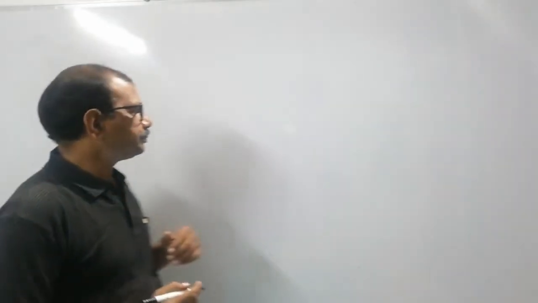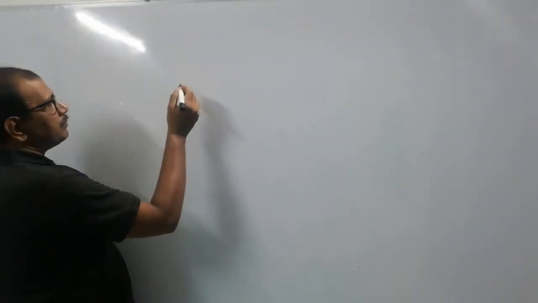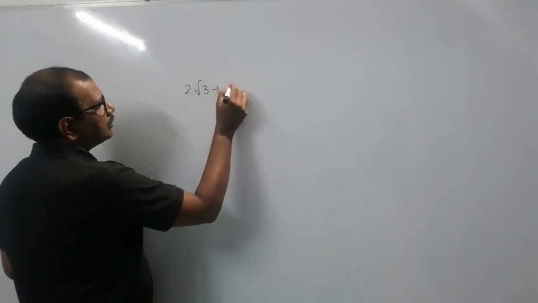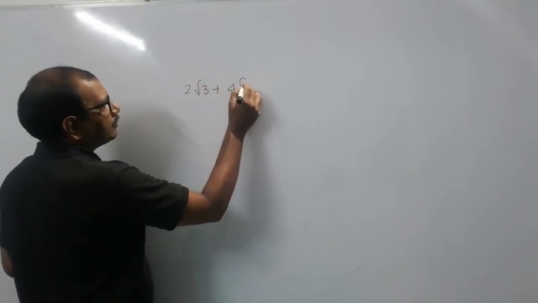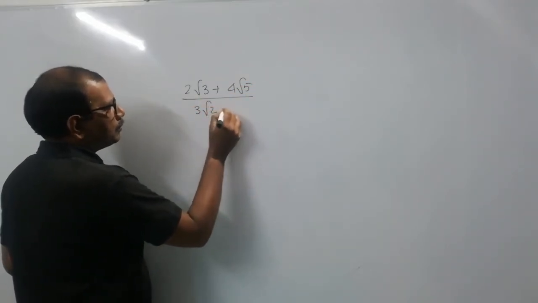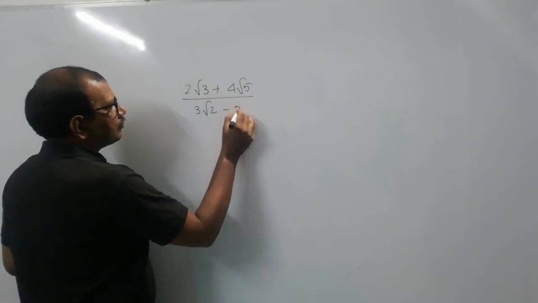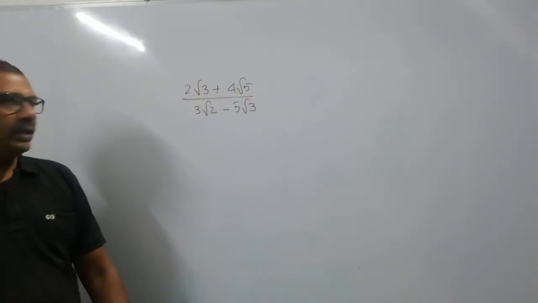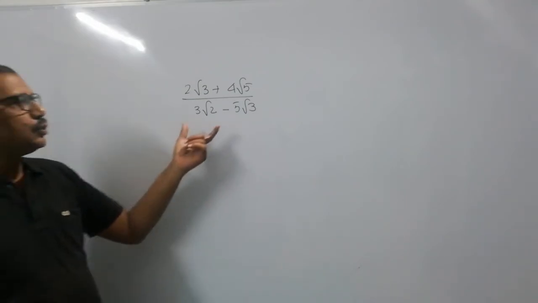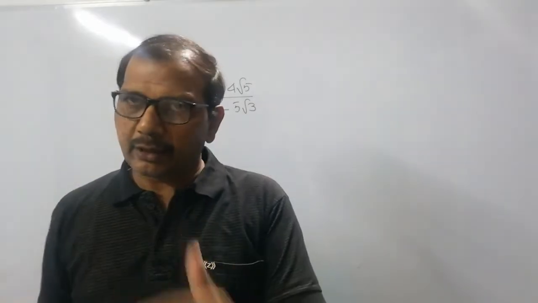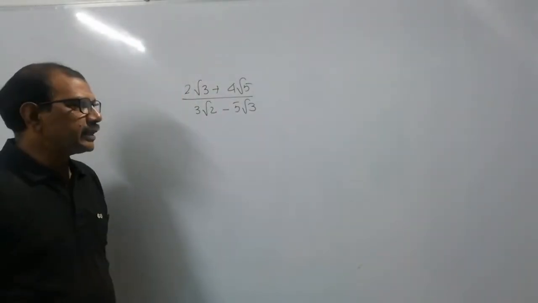be used here. Now say for example we are having one more, 2 root 3 plus 4 root 5 upon 3 root 2 minus 5 root 3. Say for example, ऐसा कोई तो भी एक क्वेश्चन दिया हुआ है and we are supposed to rationalize the denominator. तो इसको rationalize करने के लिए क्या करना पड़ेगा?